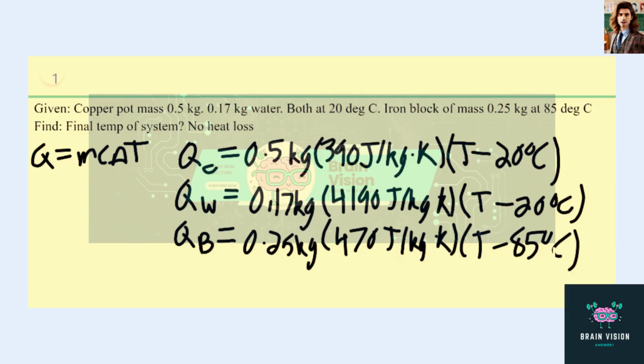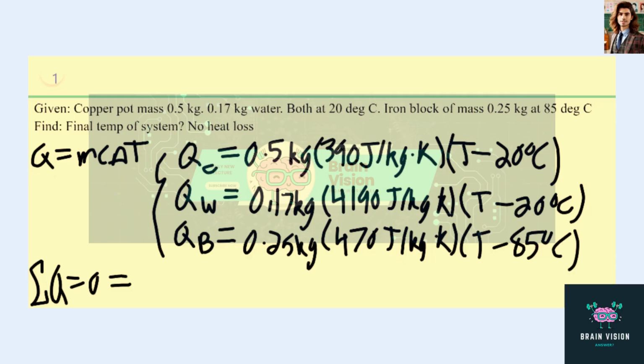Now we can go ahead and multiply them out and simplify them, and we're told there's no heat loss, so all of these are going to sum equal to 0. So the sum of Q is equal to 0. I'm just going to simplify and add these.